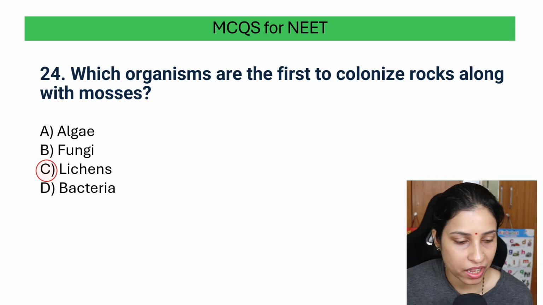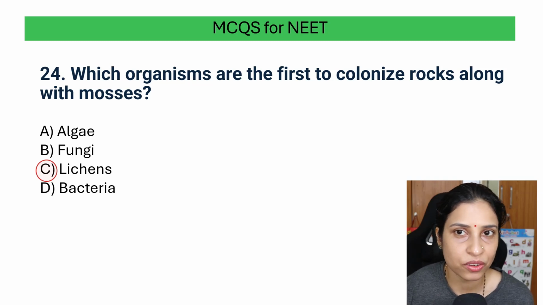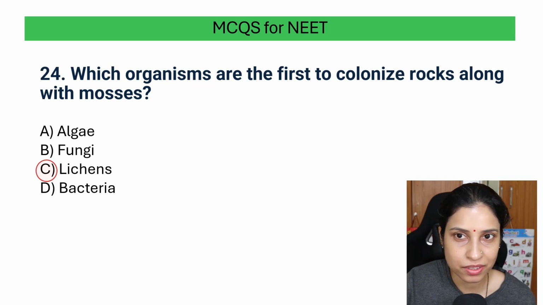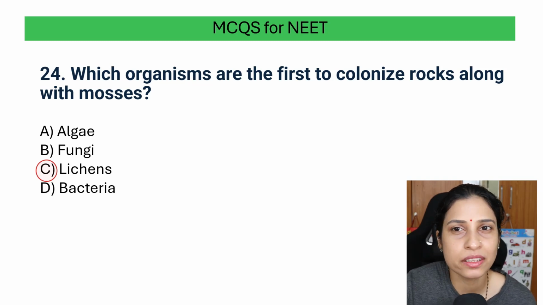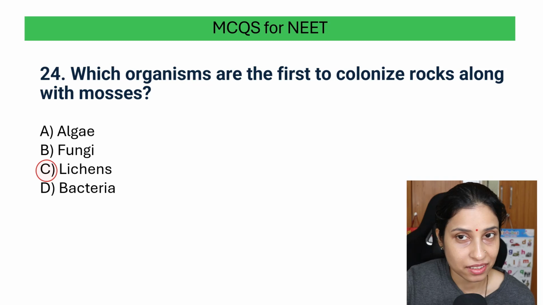They are present on the rock, mostly fruticose lichens. Mosses are also present on rocks with the little bit of soil they require, and lichens are also present. This statement is in the NCERT book. Go and check, each and every line of NCERT is very important.